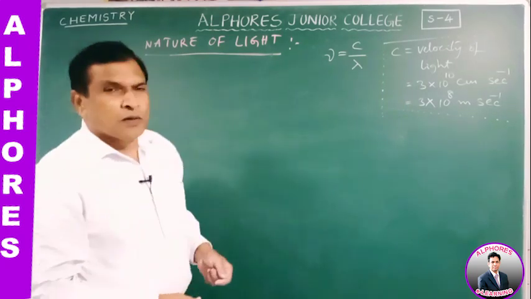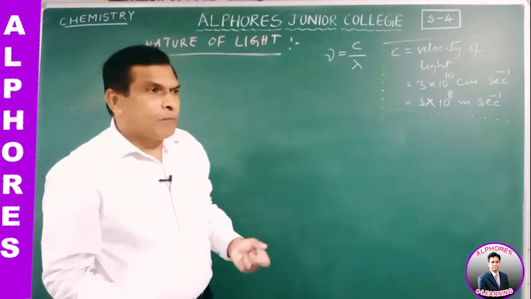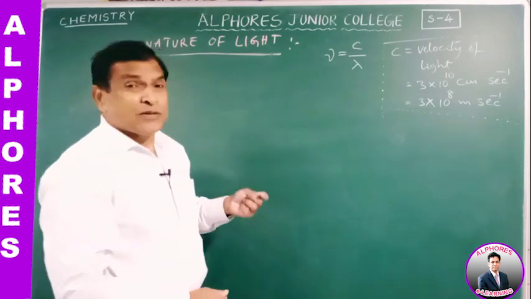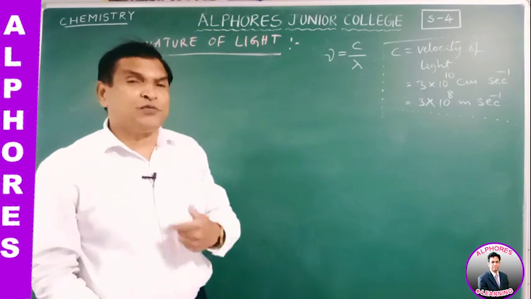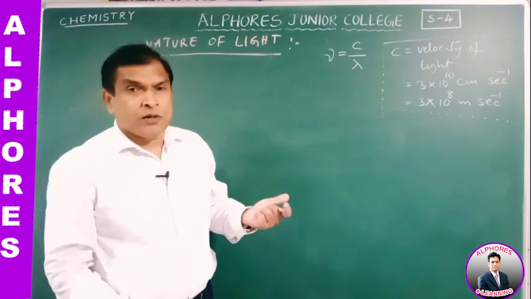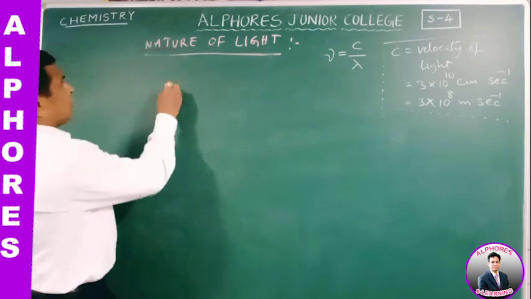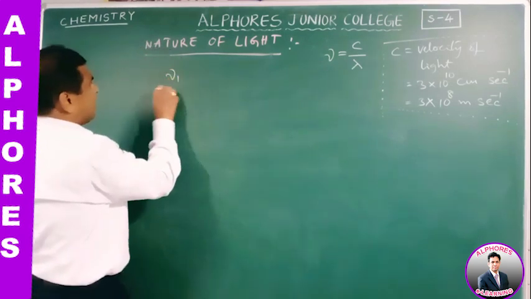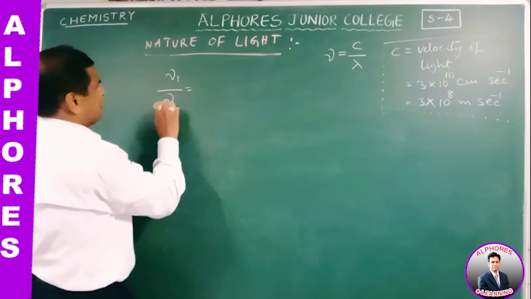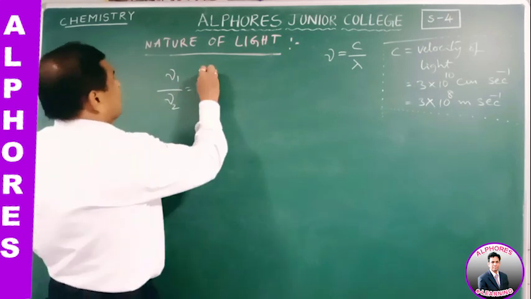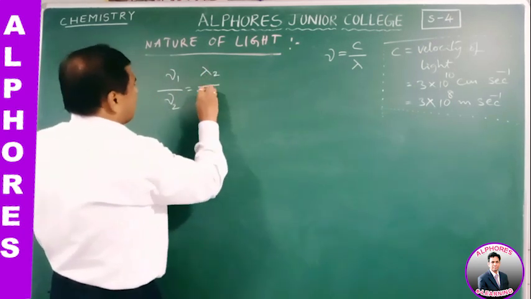Now let us see some more relations. Suppose electromagnetic lights have two different wavelengths and their frequencies are related like this: nu1 by nu2 is equal to lambda 2 by lambda 1.